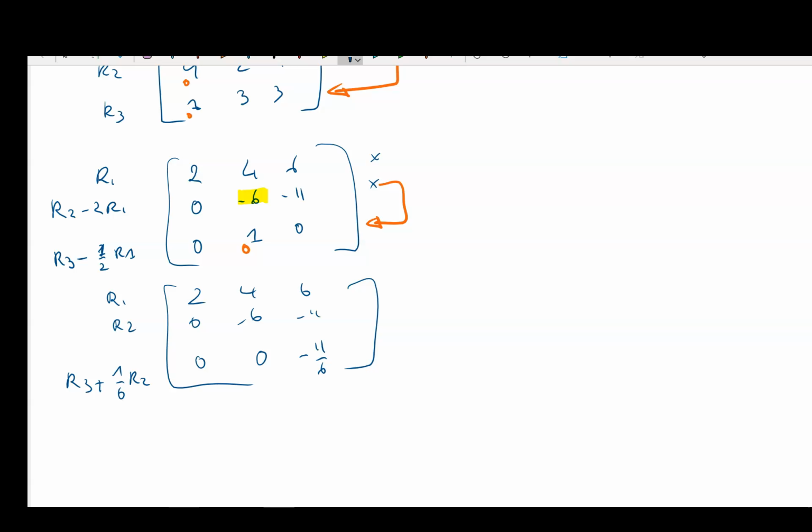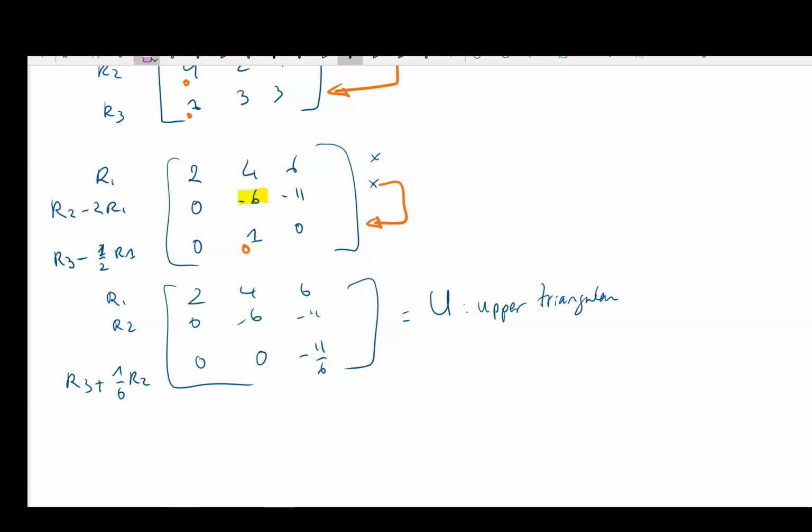All right, so this is my U matrix, my upper triangular matrix. I have obtained my upper triangular matrix U. One thing that I would like us to see is, if you multiply the coefficients on the diagonal of U, what do you get?